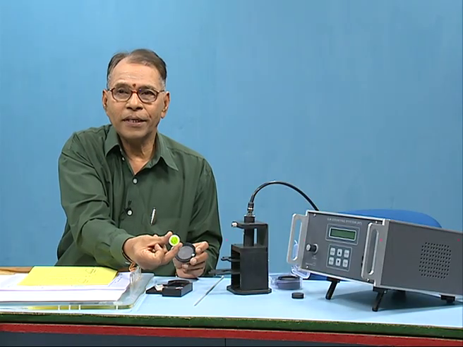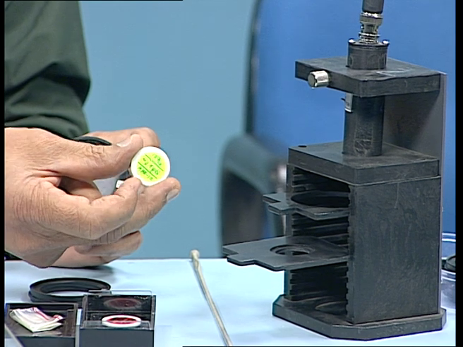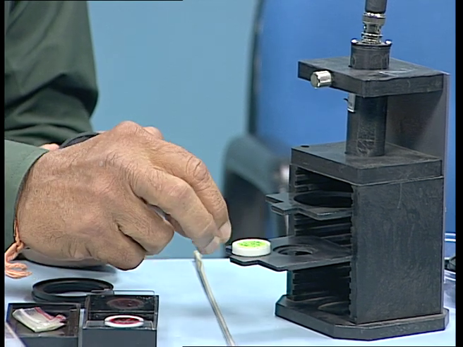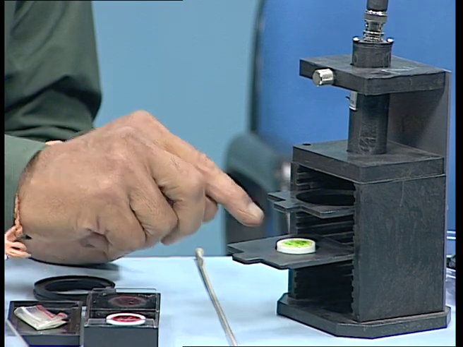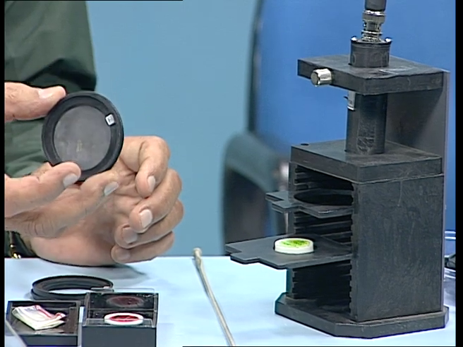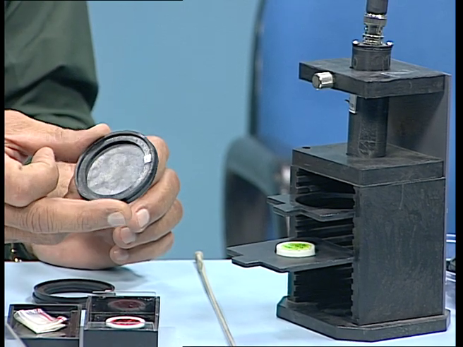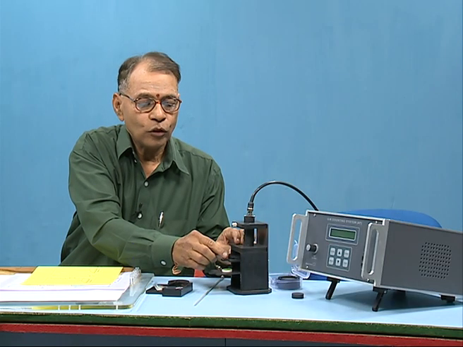This is a gamma ray source, cesium 137, which is kept in a tray at that particular slot of the holder, and this is a lead sheet arranged in a disc. This is also kept in another tray.